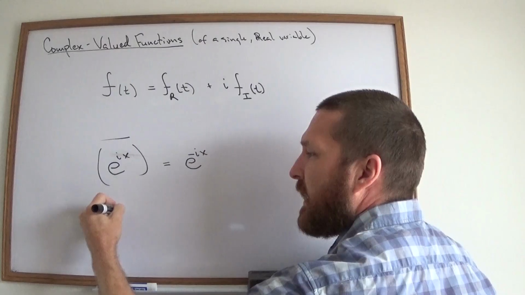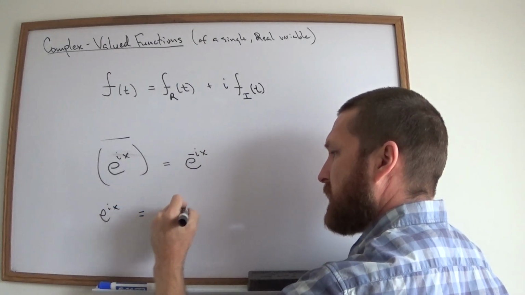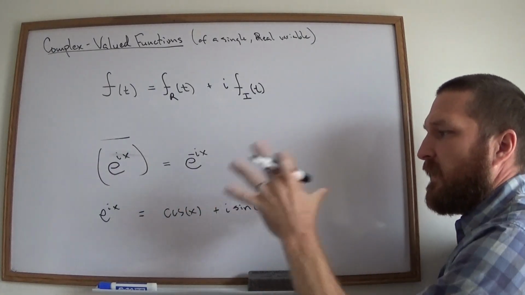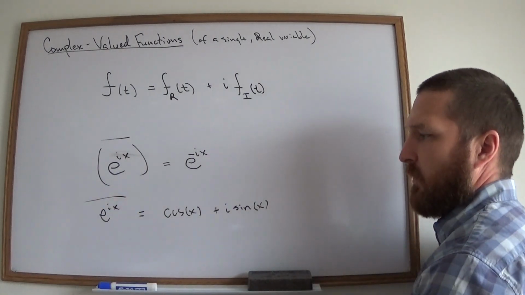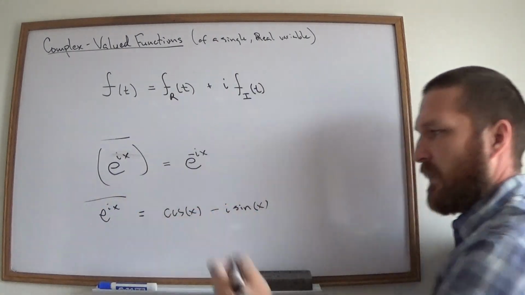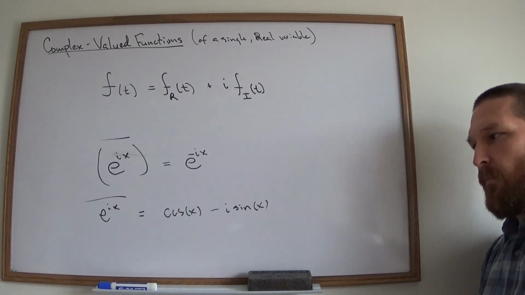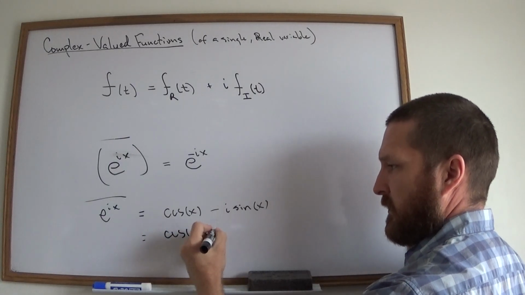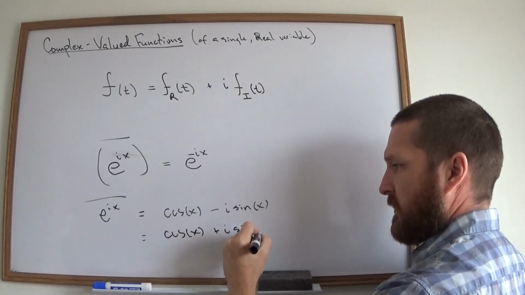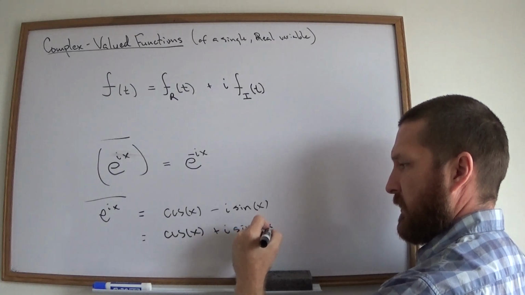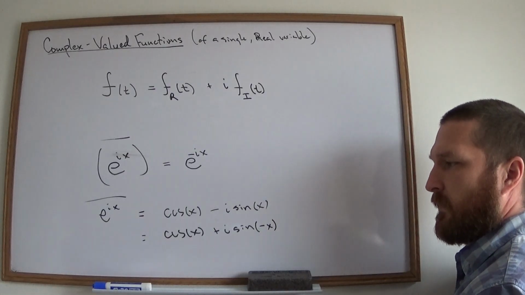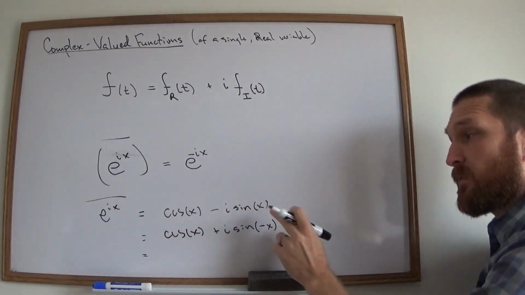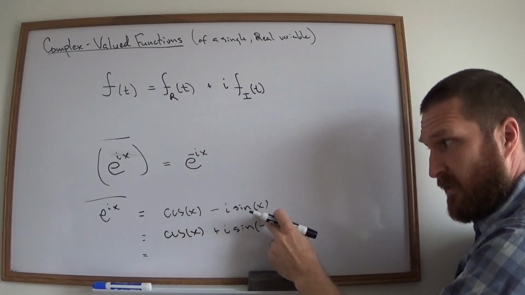So e to the ix is the same thing as cosine x plus I sine x. If I take the conjugate of that, I make the I negative. But that's the same thing as cosine x plus I sine negative x, because sine is an odd function.